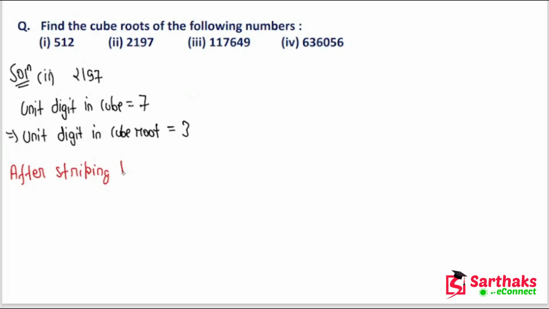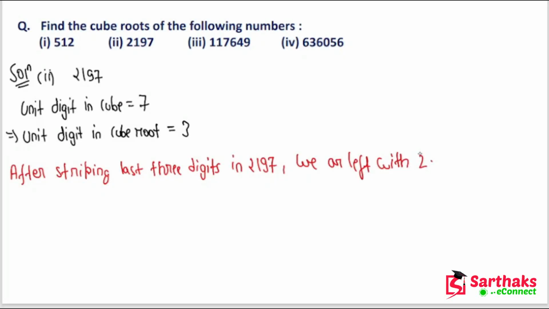After striking the last 3 digits in 2197, we are left with 2. Since now we have to see a number whose cube is less than 2, the only number is 1.